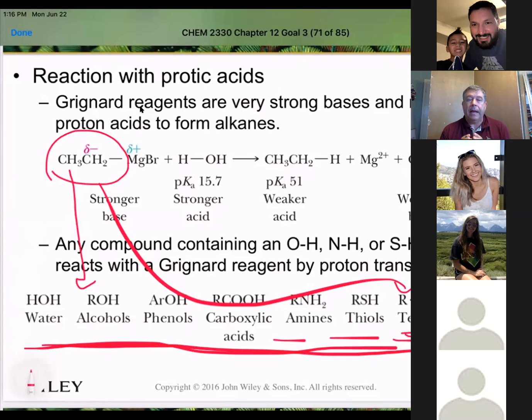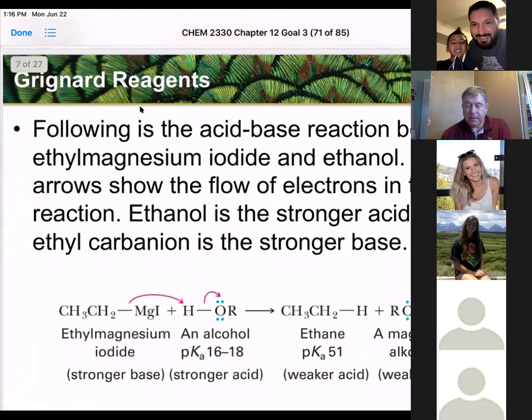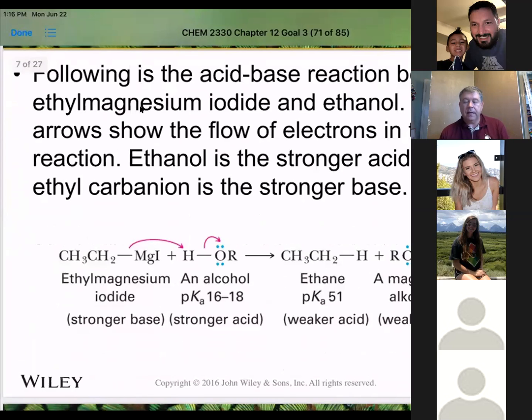That means we can react our Grignard reagent with aldehydes and ketones. Because it'll react with all alcohols and water, we cannot use those as solvents. We'll just end up getting an alkane. It'll be an irreversible reaction.